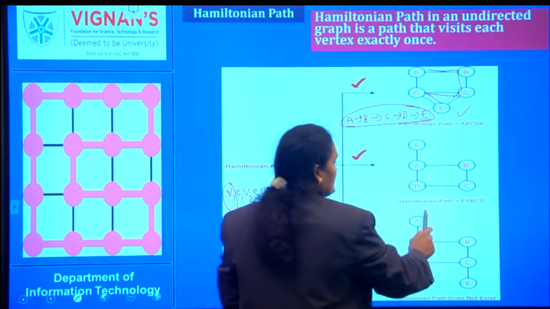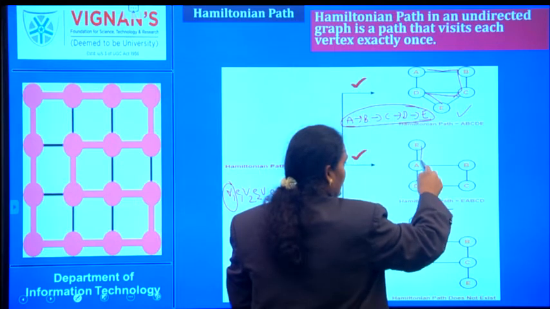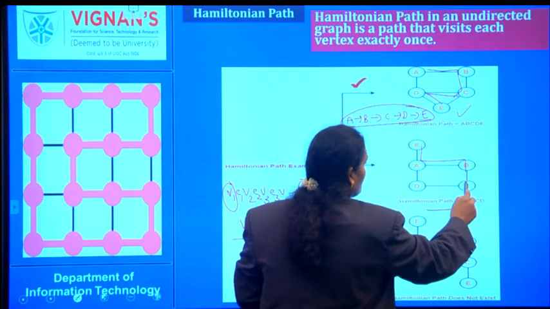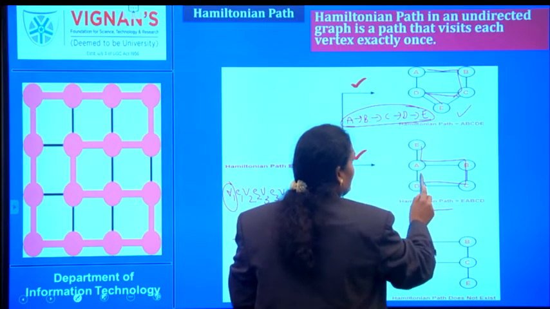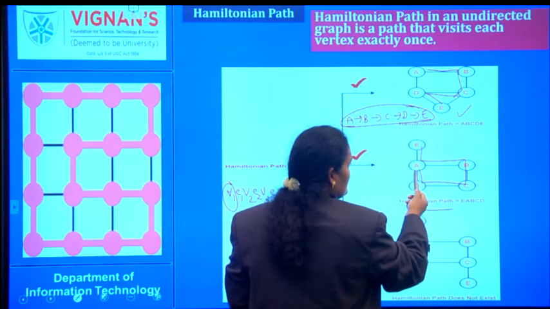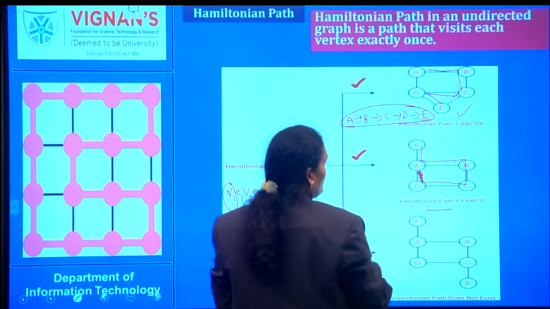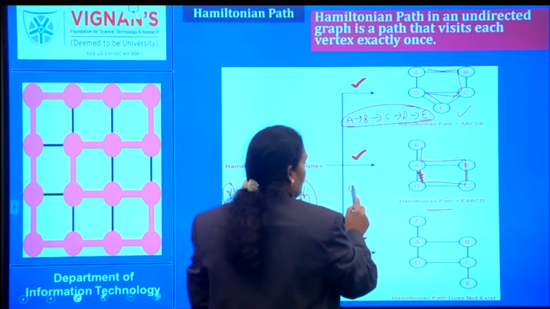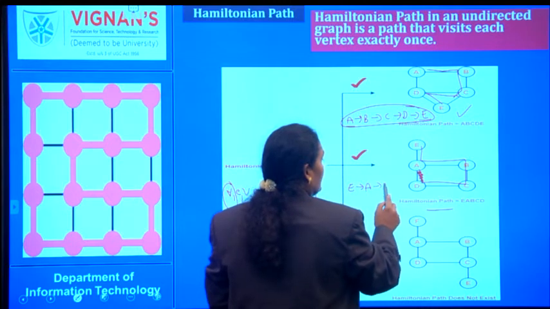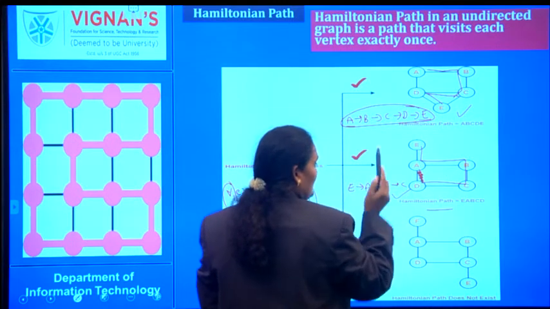Now if you observe this one, what is the Hamiltonian path? E to A, A to B, B to C, C to D. We can stop the process here, or continue. Since no repetition is allowed, we cannot move towards A. So E to A to B, B to C, C to D is one Hamiltonian path.